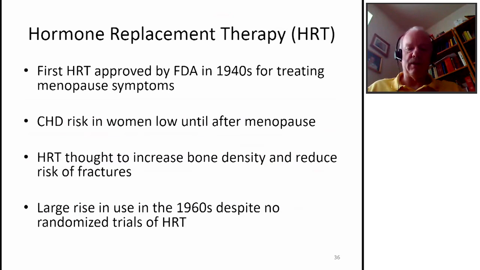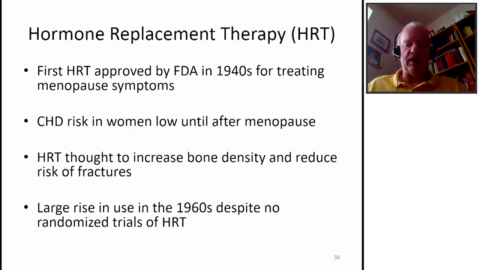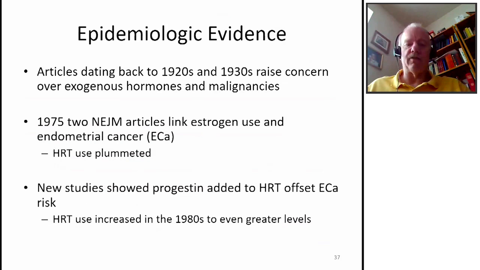Hormone replacement therapy was also believed to increase bone density and reduce the risk of fractures, and the evidence is strong in that area. So there was a large rise in the use of hormone replacement therapy in the 1960s, despite the fact that there were no randomized clinical trials.